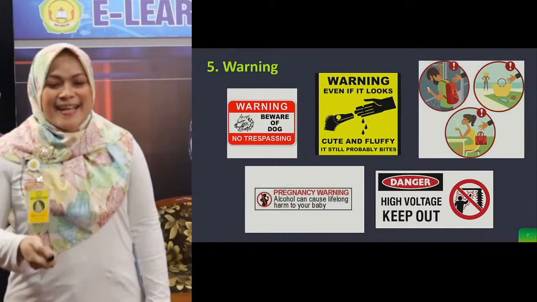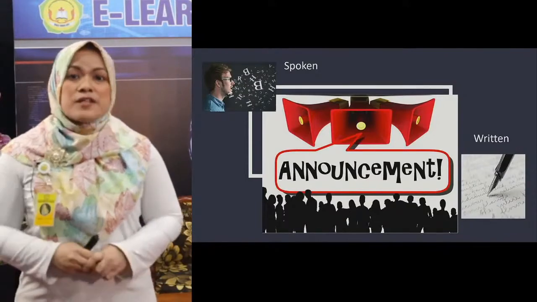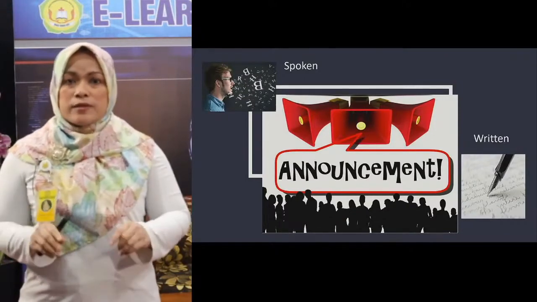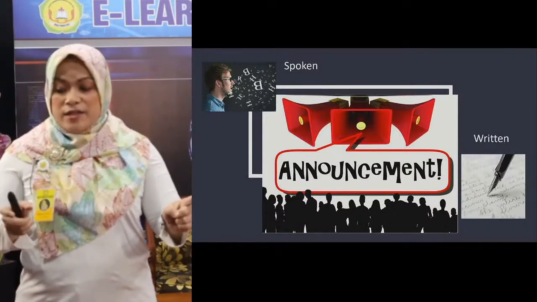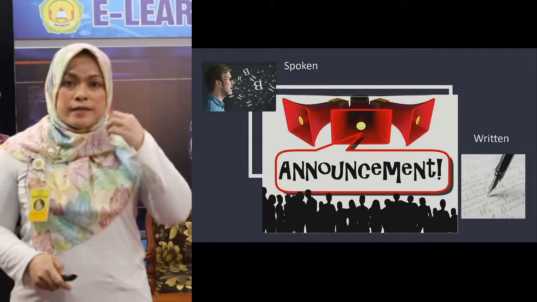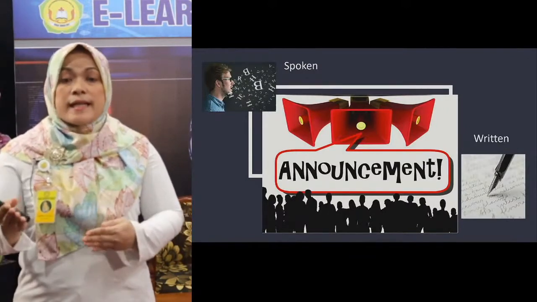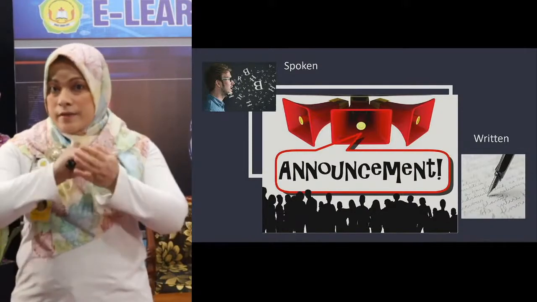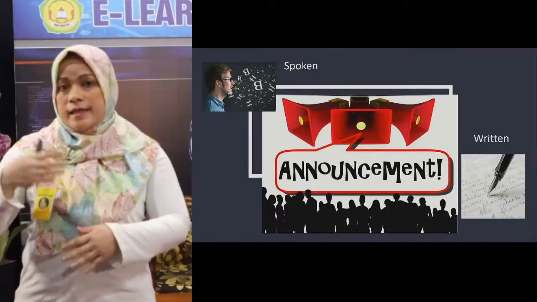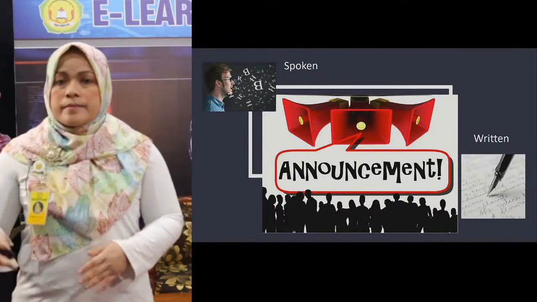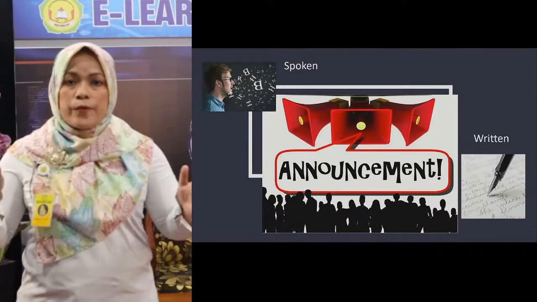And then again, we are going to have the announcement now. For the announcement, you are going to find two things: spoken announcement and written announcement. Spoken, the announcement is announced orally, while written, the announcement is written or printed out, and everyone can see it, whether it is in printed medium or on television or in social media or somewhere else.